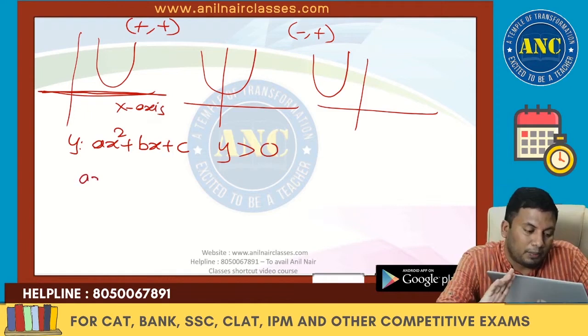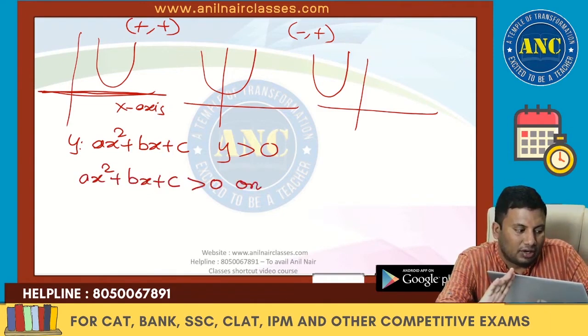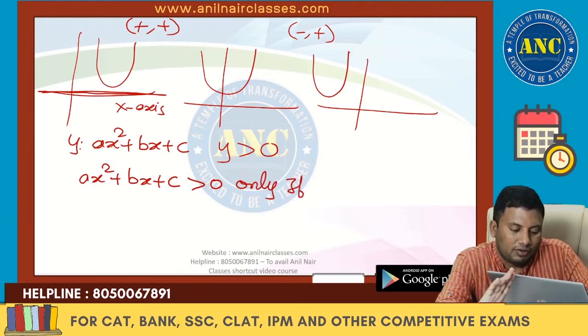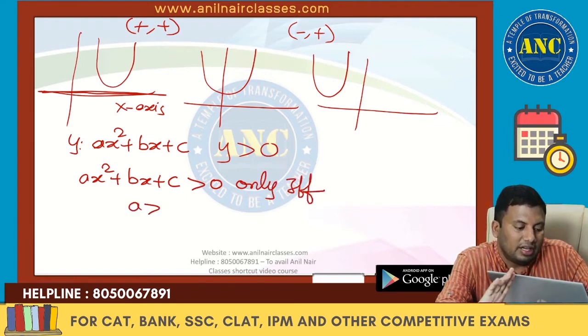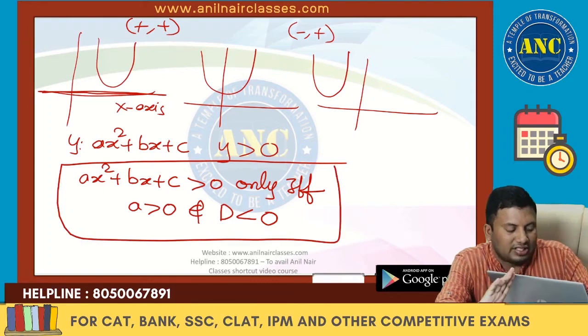Extremely important point: ax square plus bx plus c is greater than 0 only if a is greater than 0 and d is less than 0. Please make a note of it, sir.